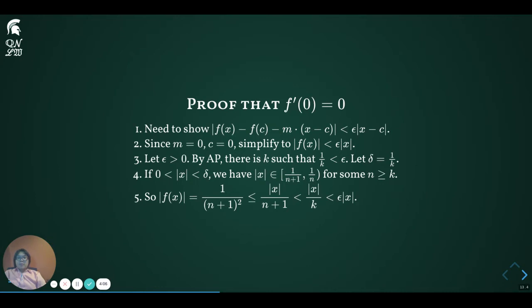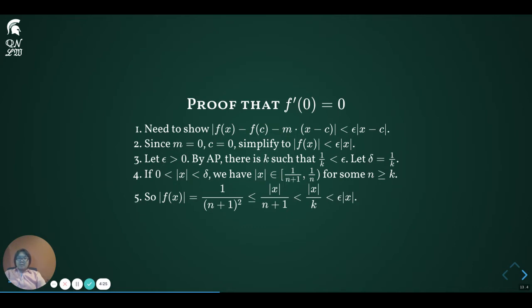On this interval, taking the absolute value of f yields the value 1 over n plus 1 squared. Since on this interval, |x| is always at least 1 over n plus 1, this shows that the value of |f| is no more than |x| divided by n plus 1.